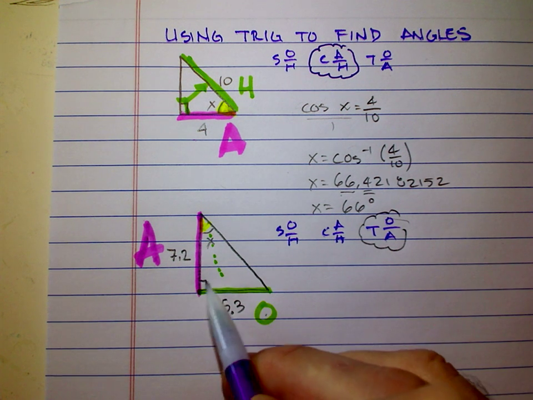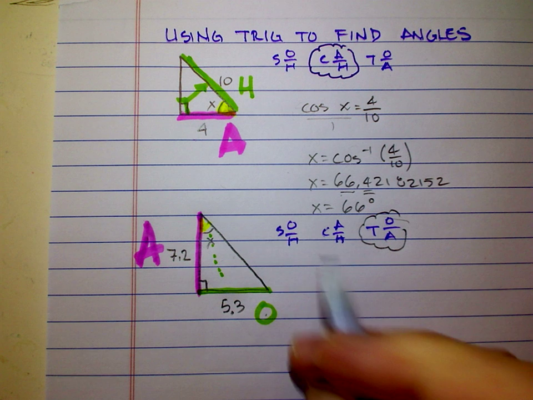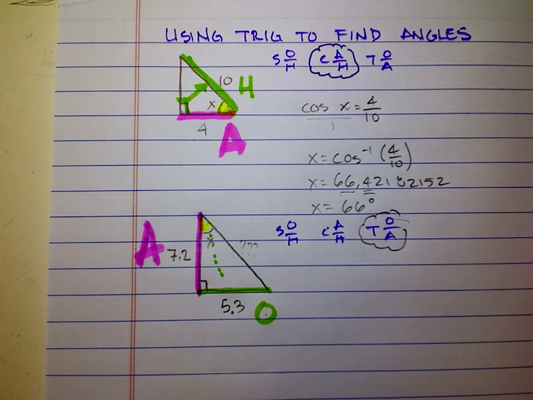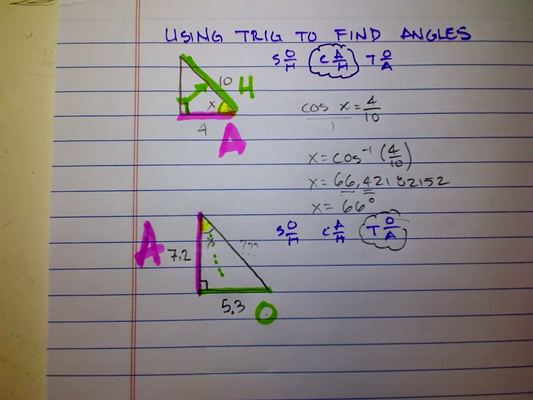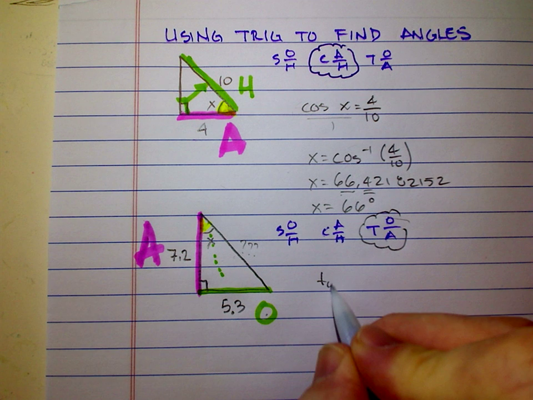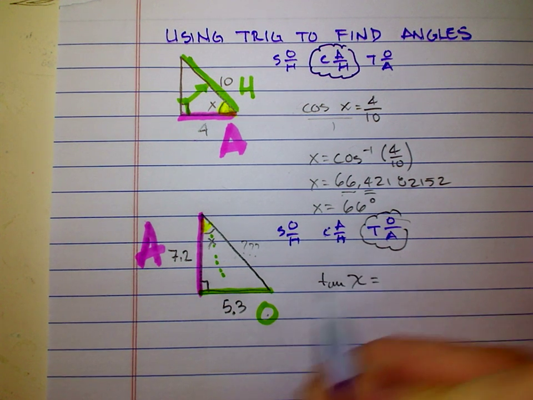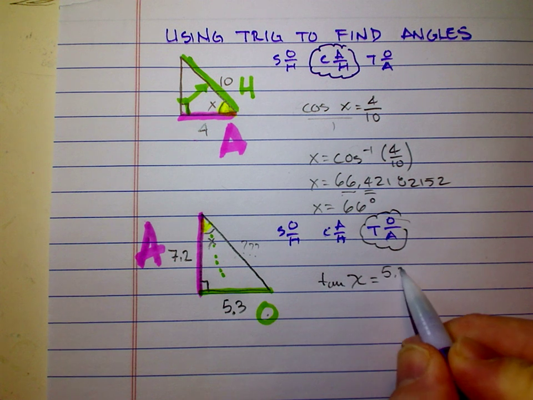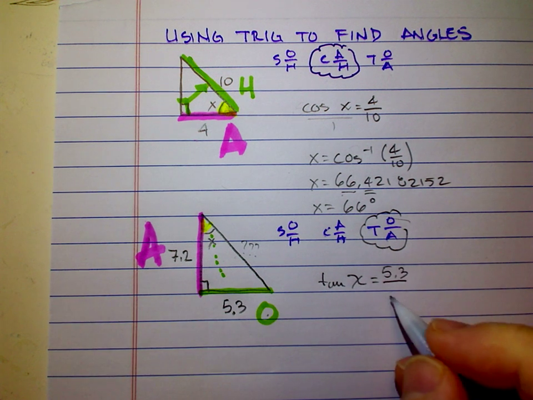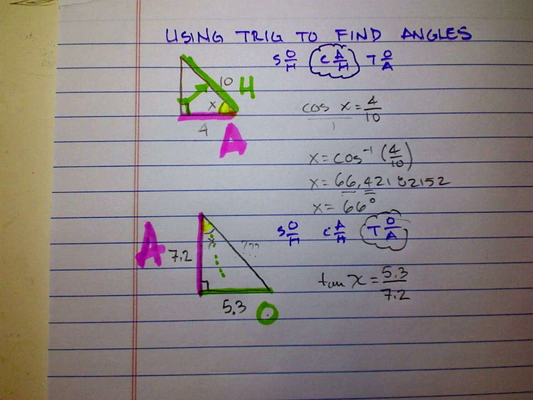Notice I didn't bother with putting an H on here because I don't know what this side is, nor do I need to know what that is in order to find x. O and A gives us the tangent of x will equal the opposite, 5.3, divided by the adjacent, 7.2.